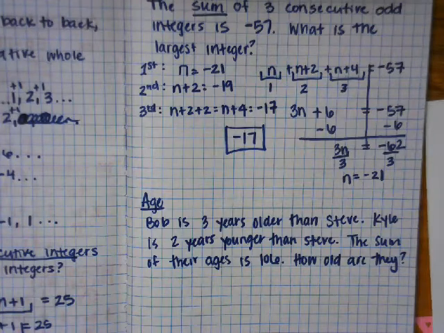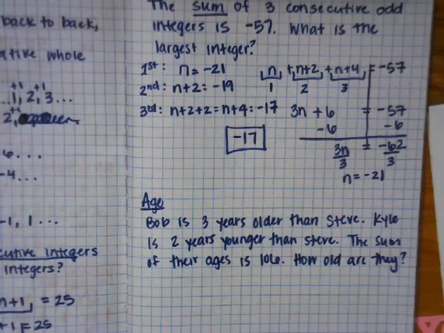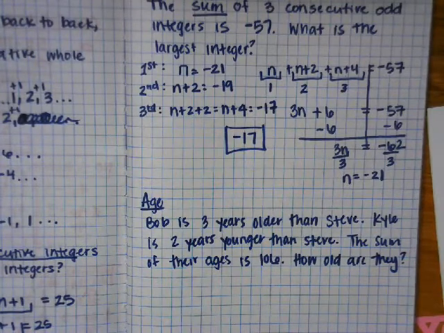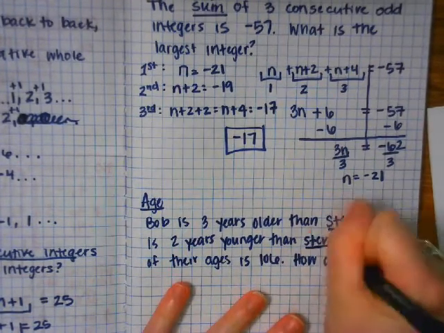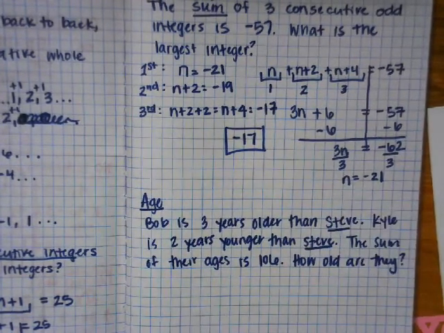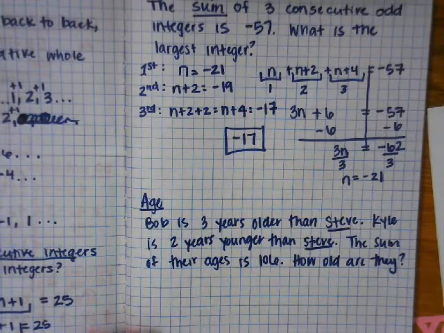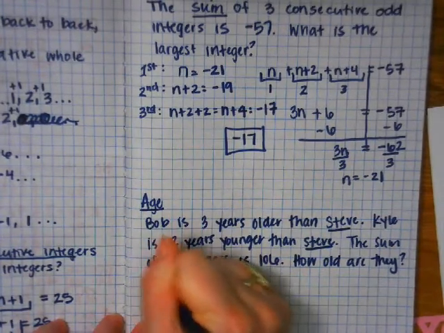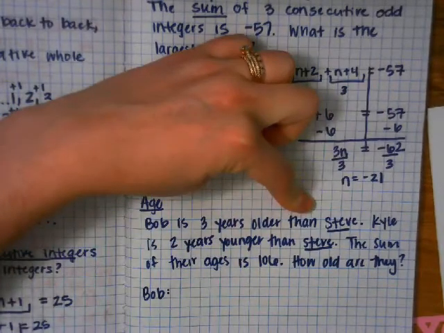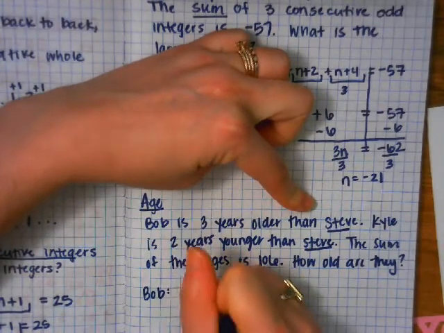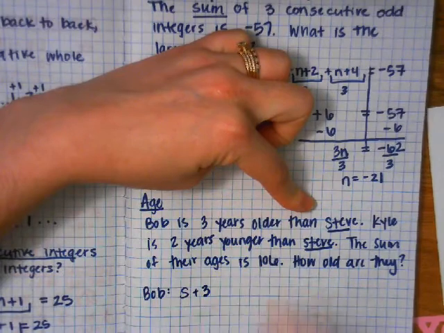Okay, so let's break this down. Remember, we can only have an equation with one variable. And if you look, everybody's age is based off of Steve's. So we're going to write everything based off Steve. So we have Bob, and we know that Bob is 3 years older than Steve, so we can say Steve plus 3.